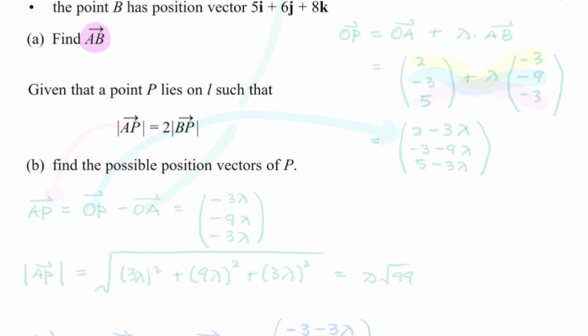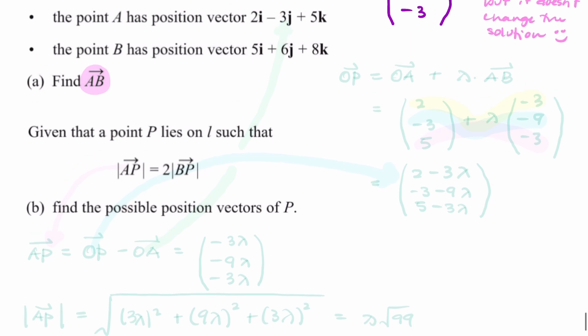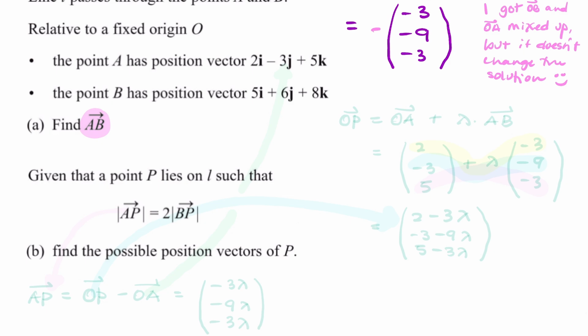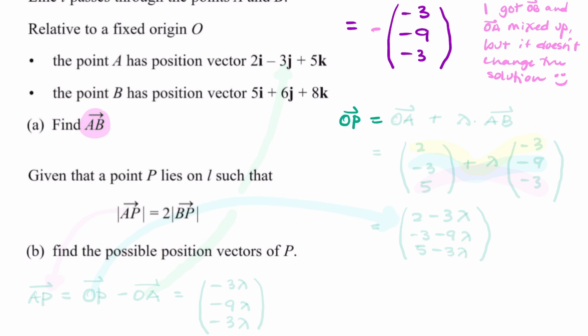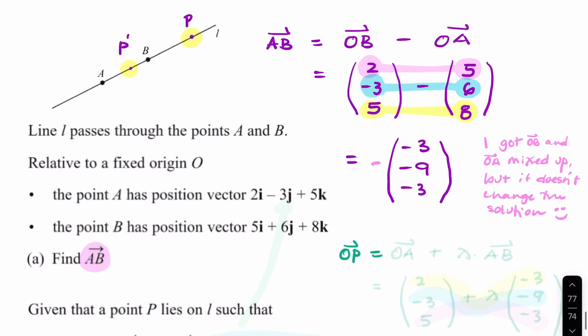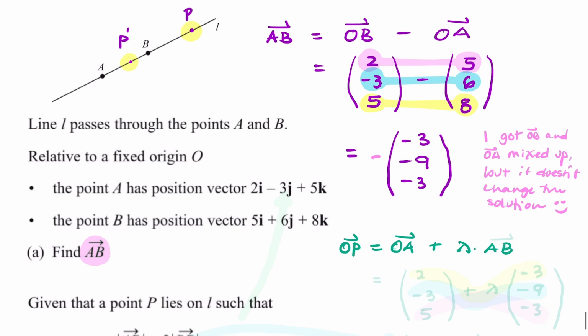So let's start by finding AP and BP. So let's first find the position vector of P. P is on the line AB, so you can start with the position of OA plus some constant times AB. And the position vector of A is simply 2, -3, 5.